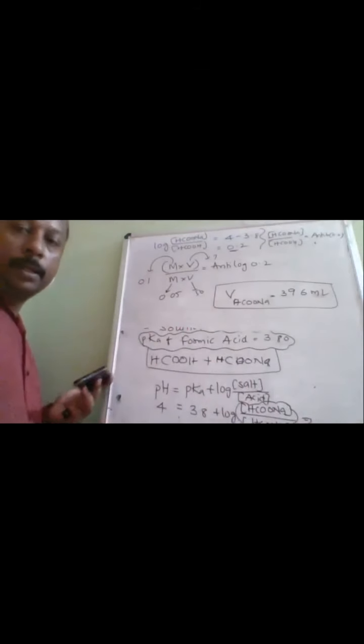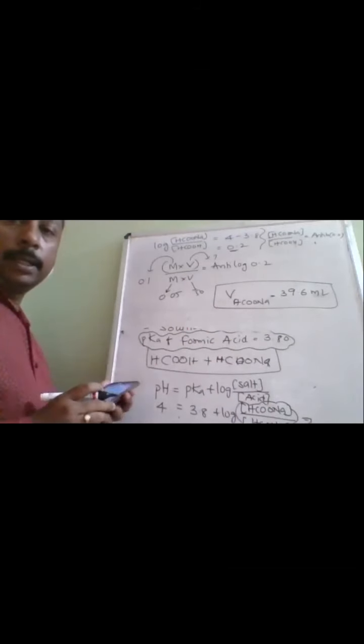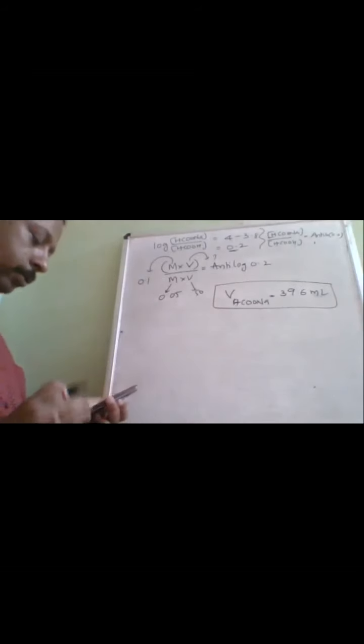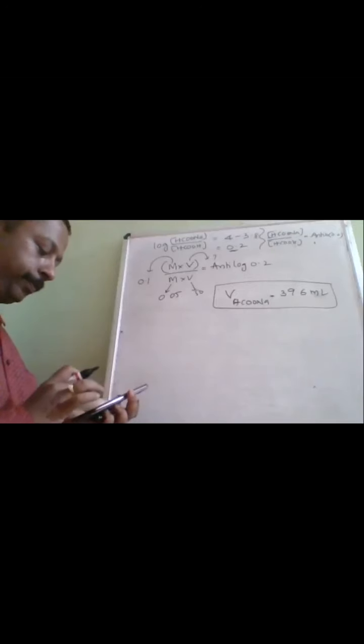Here we are using millimoles, that's why the answer will be in milliliter. Then you will get the resultant pH. All of you note down this. It is a very basic question, so no need to worry much about it.